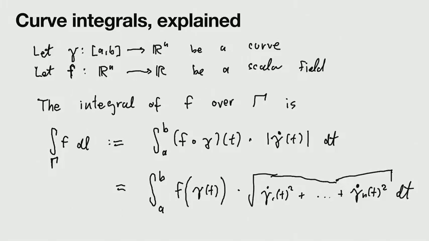The good thing is that we have defined the curve integral in terms of some function over this interval from A to B. Now it's only an integral over A to B. So we have reduced this to the notion of integral that we already know.